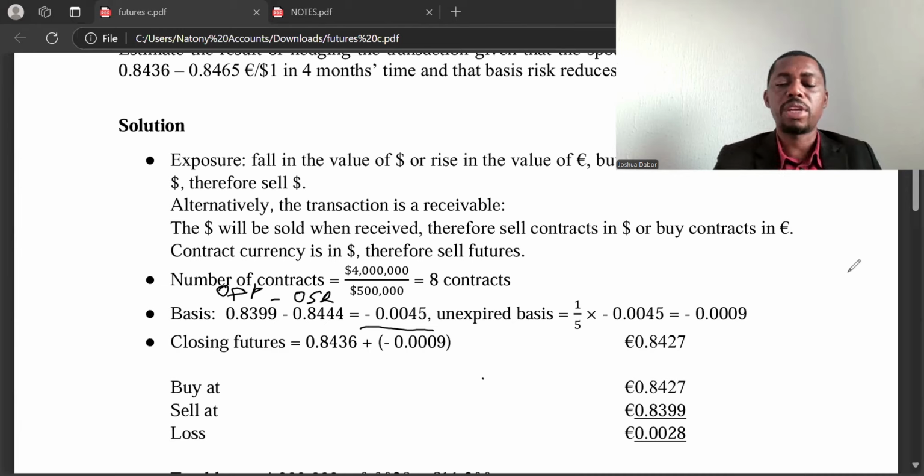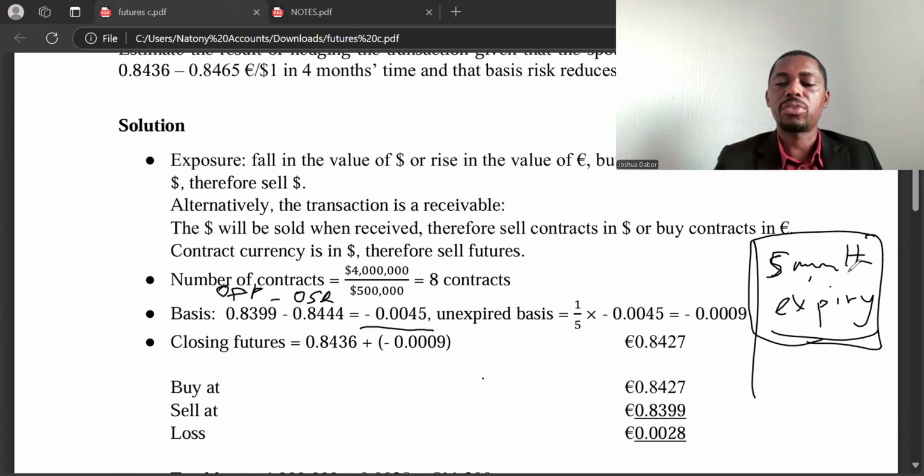And this basis is for how many months? Okay, so we bought 5 months expiry. That means from today to the expiration of the contract is how many months? 5 months.